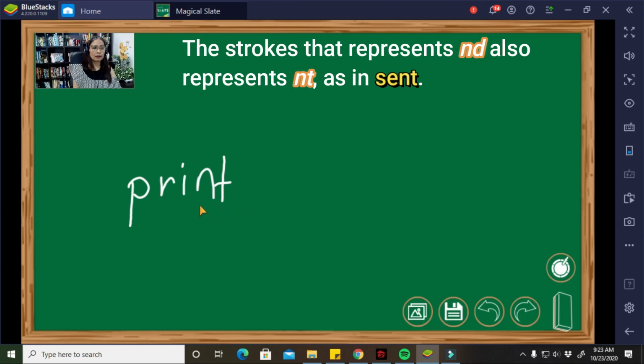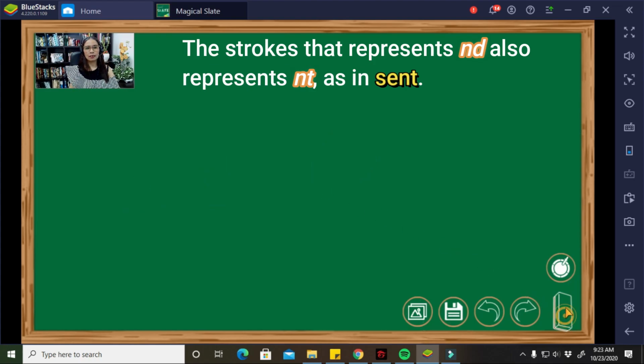There. Print. So we have NT here. Alright. So we have PR and then E, and NT blend. So that is print. Okay.